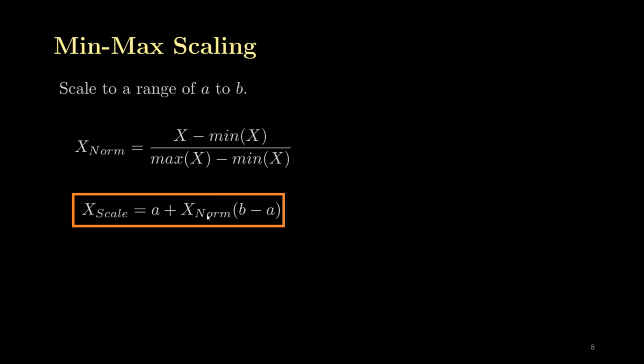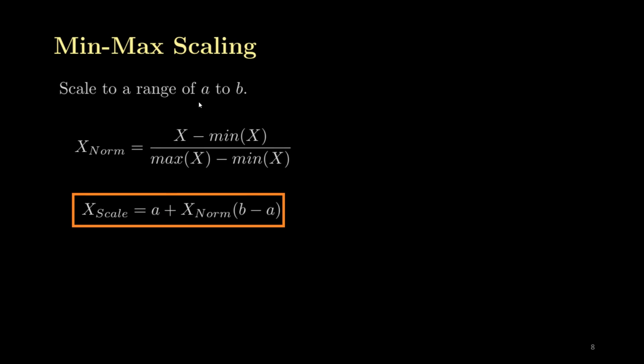Here is the normalized value, and after the normalization, we multiply it by the difference of B and A, and then we add the value of A. So if I select A equal to -1 and B equal to +1, I have to use +1 here and -1 here, and similarly -1 here.